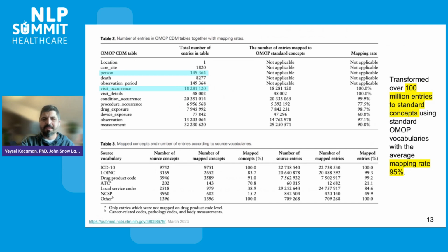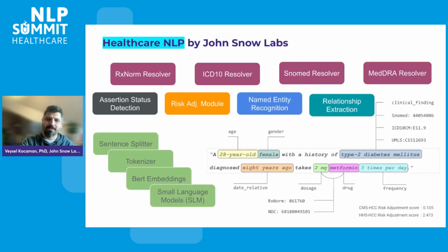They managed to transform 100 million entries to standard concepts. Entries means all these diseases, drug names, etc., which you need to map precisely. They managed to do this, but it took so much time and money for them.